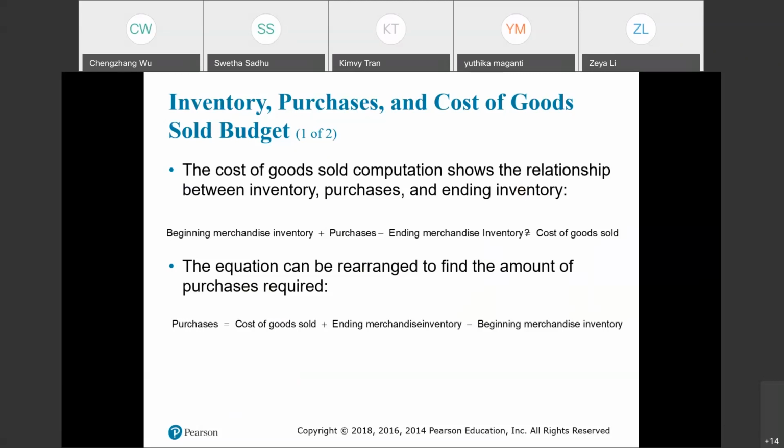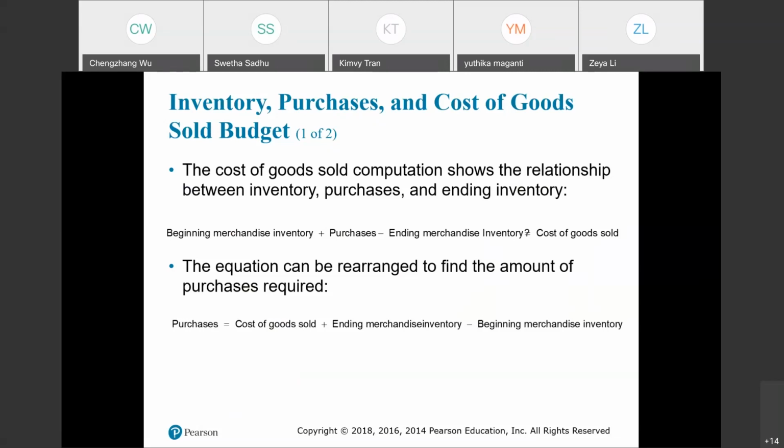Budgeted cost of goods sold averages 70% of sales. Desired ending inventory should be equal to $20,000 plus 80% of the next month's cost of goods sold.